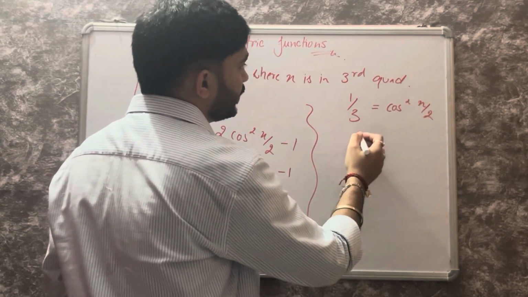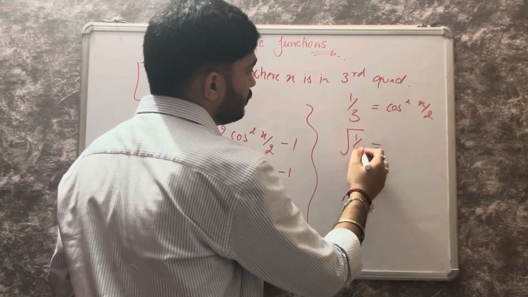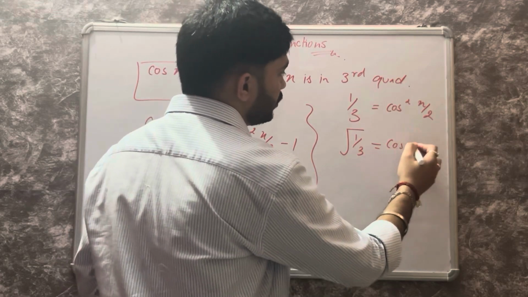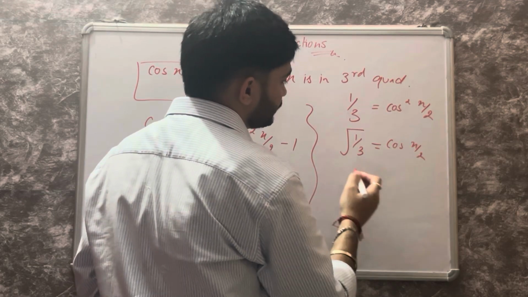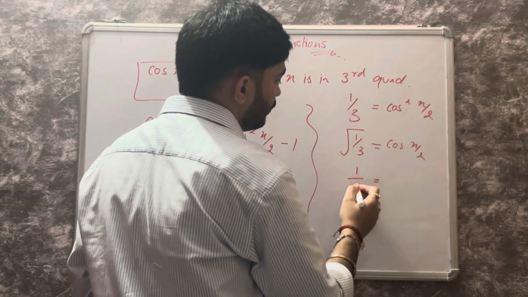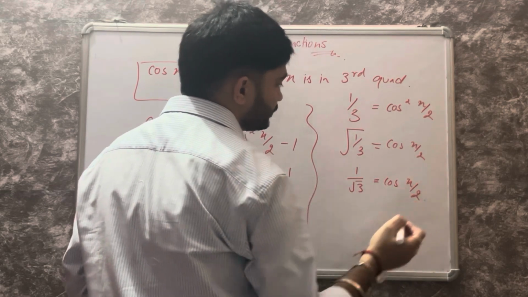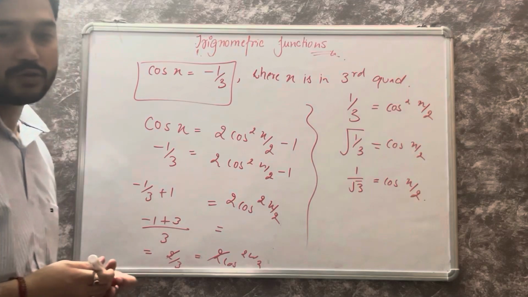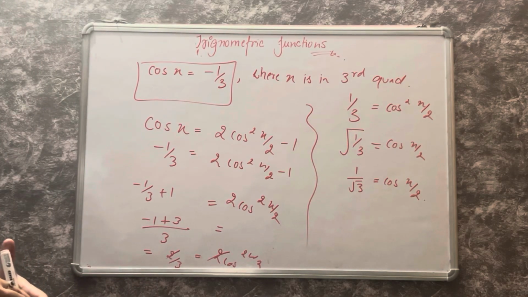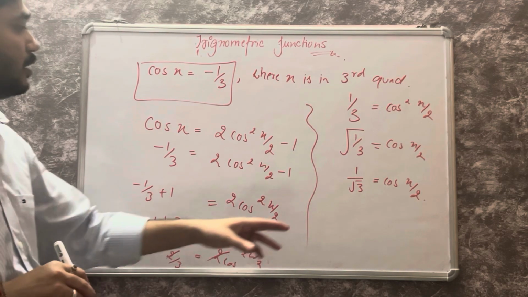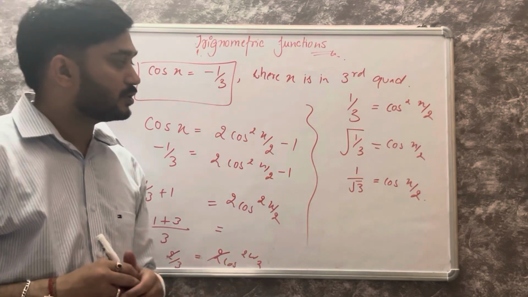The square is going to become under root here, cos x by 2. It will become 1 upon under root 3. Any doubt? So the cos x by 2 value will become 1 upon under root 3.